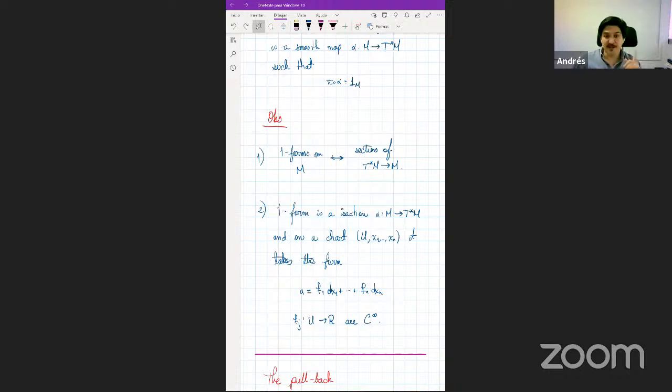Vector fields cannot always be pushed forward. If you have a diffeomorphism, then you can push forward a vector field. Now, here we have the corresponding object for one forms, and it is called a pullback.